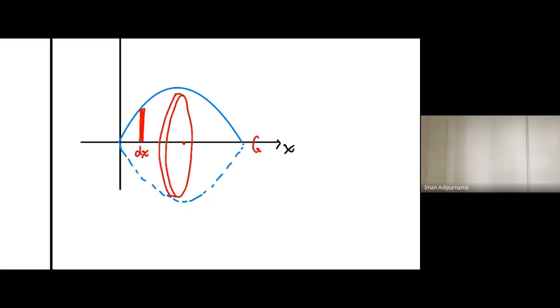And then for this disc shape, it's like a tube, right? But the height is quite small. The height is dx, right? But the volume is just the area multiplied by the height dx. So let's say this is A(x).